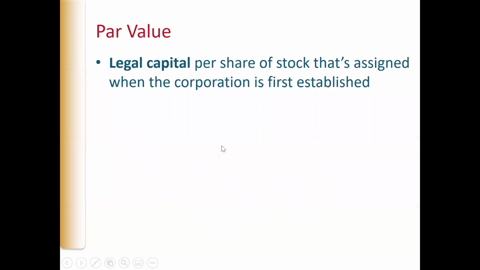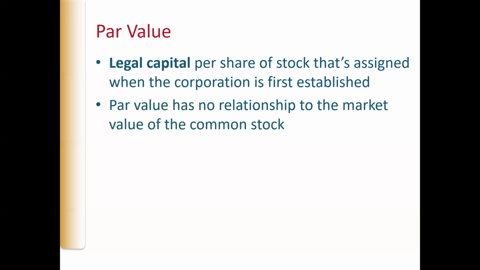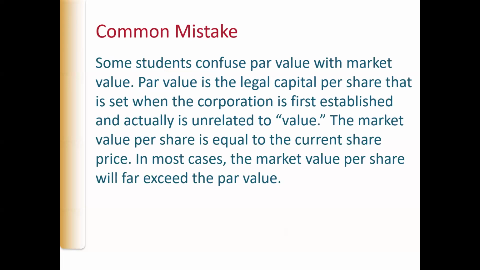People get this term par value really confused, but really, guys, the par value is just the amount that might be shown on the stock certificate. It's what we call the legal capital per share of stock that's assigned to each share when the corporation first is formed. It has absolutely no meaning in relation to the market value of the stock.